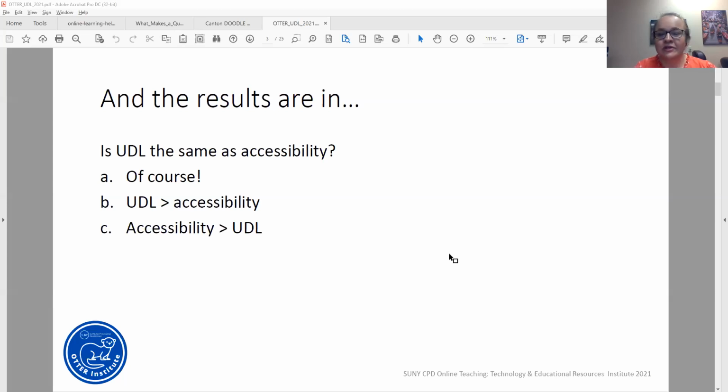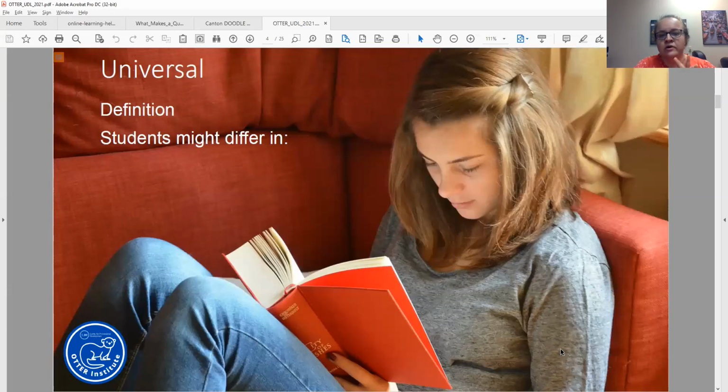And I also do believe, as you are as well, that universal design for learning encompasses much more than accessibility, and accessibility kind of falls under universal design for learning. And hopefully by the time we are done today, we will be able to see the relationship between UDL and accessibility. All right, so let's move on and talk about universal in the UDL.